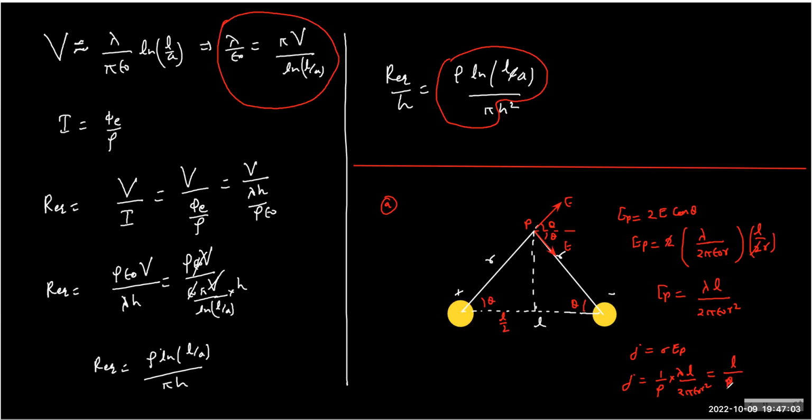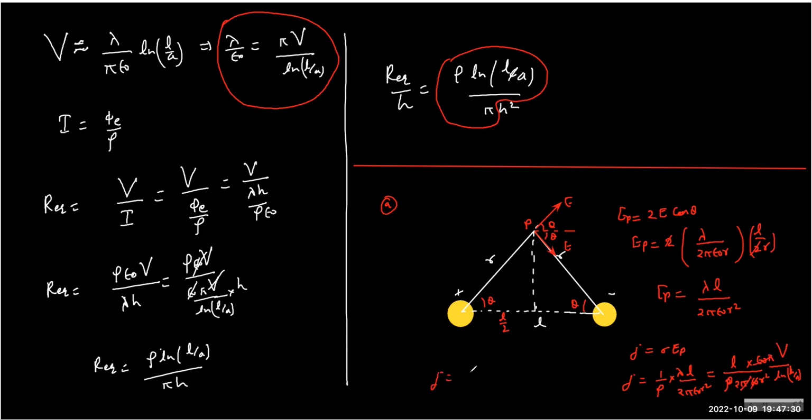L by rho 2 pi epsilon naught r square into, and what is the value of lambda? Epsilon naught pi V by ln L by A. That's a big answer. Something gets cancelled.